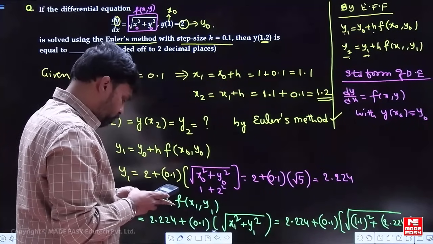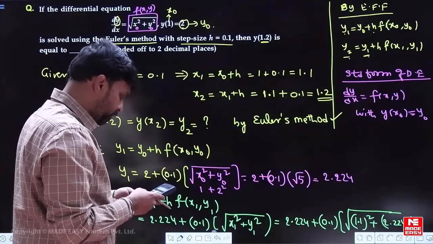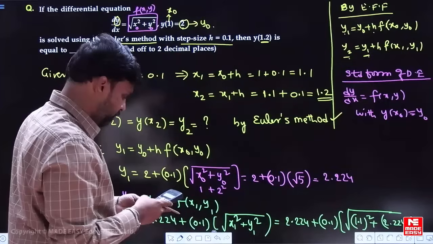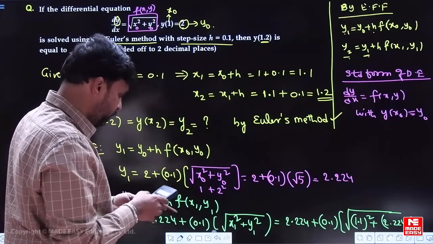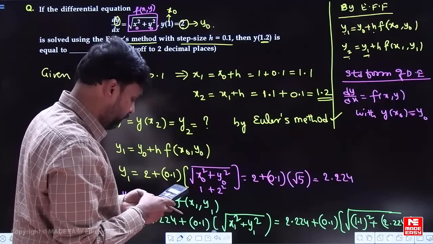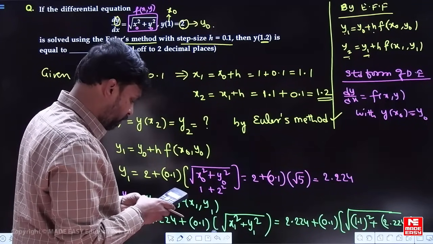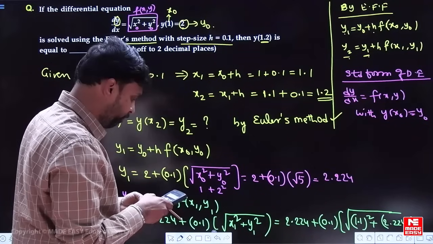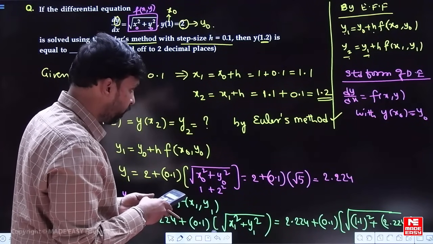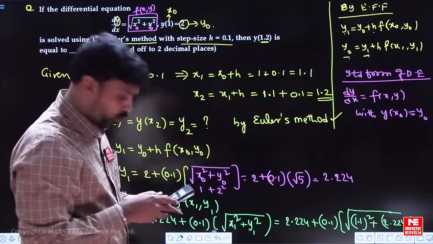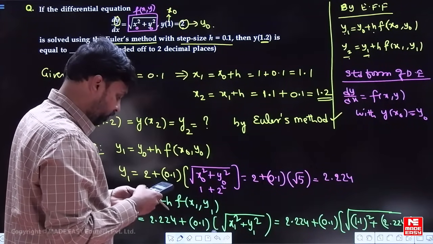Let's calculate: 2.224 plus 0.1 into the square root of 1.1 square plus 2.224 square.